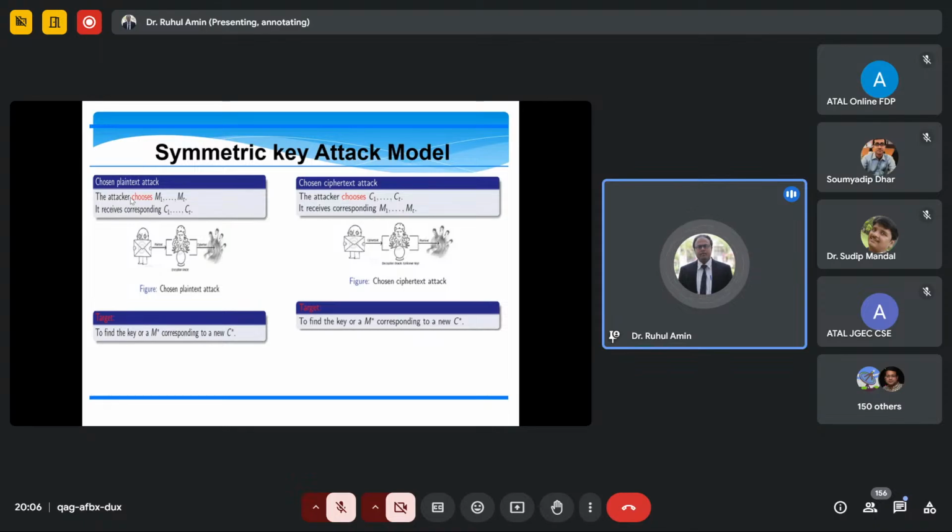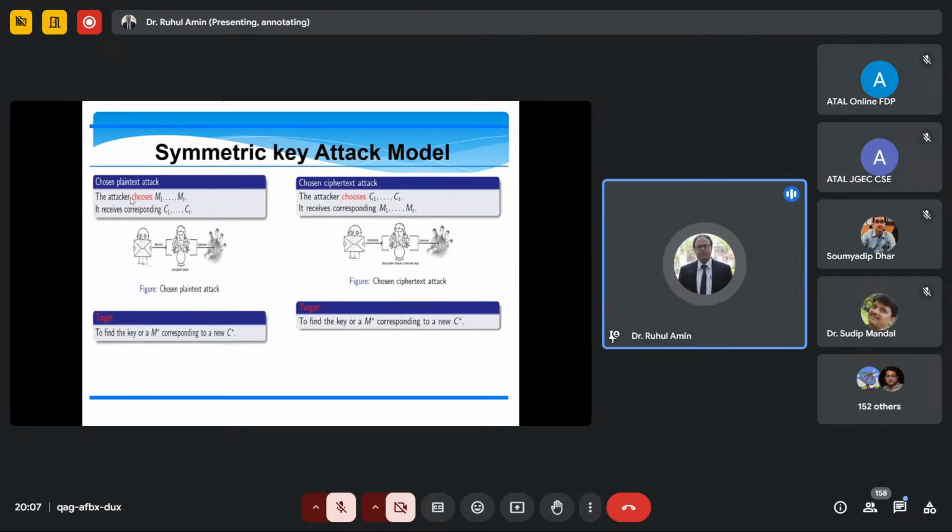That's why I told you earlier, in case of Kirchhoff's principle, the attacker always has a target to find the key, because if you know the key, you can break any security system. So from this attack model, we are giving advantages to the attacker one by one so that they try their best to find the key, and if they get that key, they succeed.